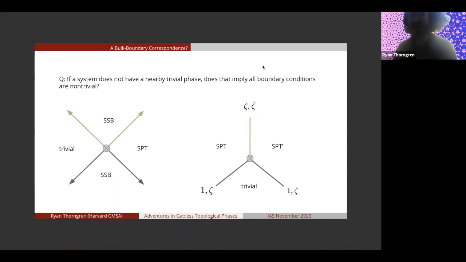So there's some cute argument I won't go into for why the edge modes are there, but I want to pose this conjecture: if the system doesn't have a nearby trivial phase, then it has to have non-trivial boundary conditions. That's true in this Z3 times Z3 example. The only phase here which is not next to the trivial phase is also the only one that has edge modes.